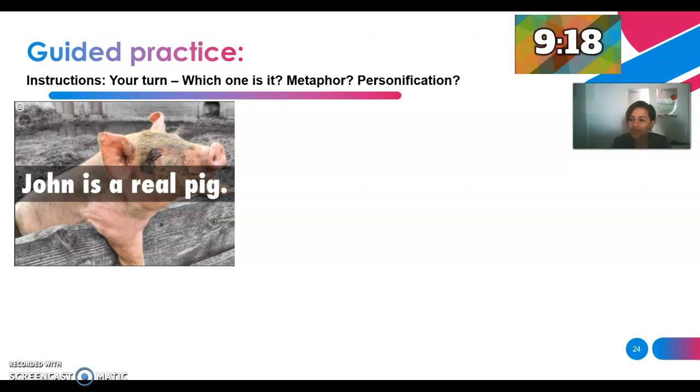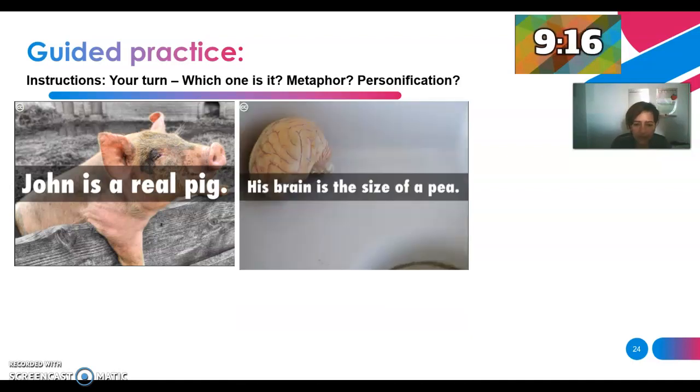Now let's give a chance to somebody else. Let's move on with the next one. Could you please read it? His brain is the size of a pea. So what's that? Natalia, would you like to answer, please?